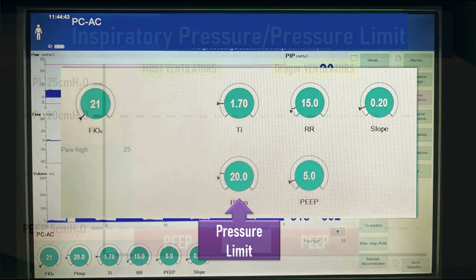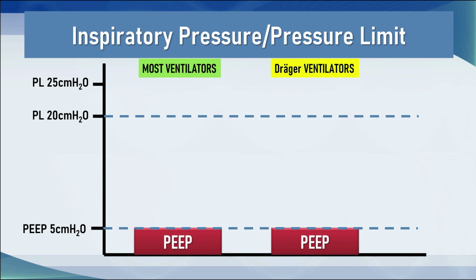Let me illustrate this. Now on this picture, on the y-axis, we have pressure going from 5 to 25 centimeters of water. And I've split the screen into two different things. We have most ventilators on the left. In this case, we're just going to use the Puritan Bennett ventilator as an example, but it could be any one. And on the right, we have Drager ventilators.